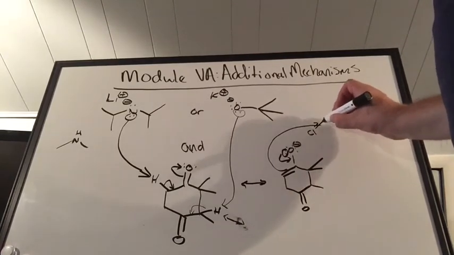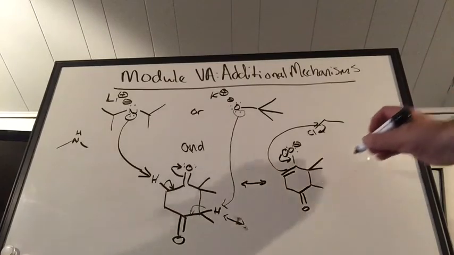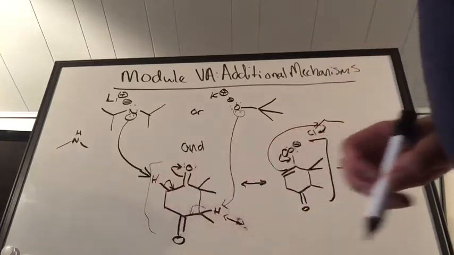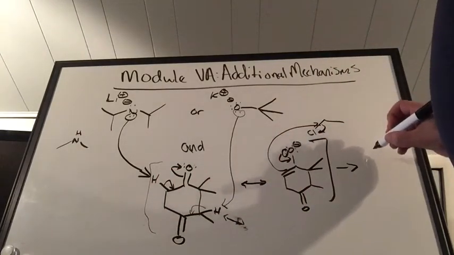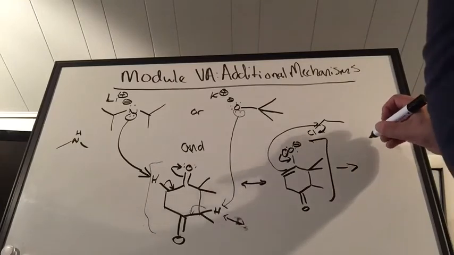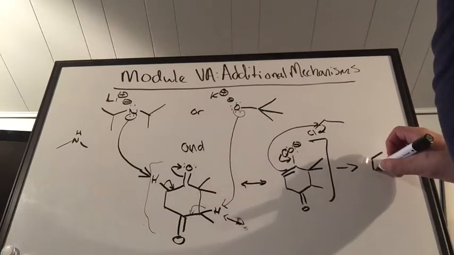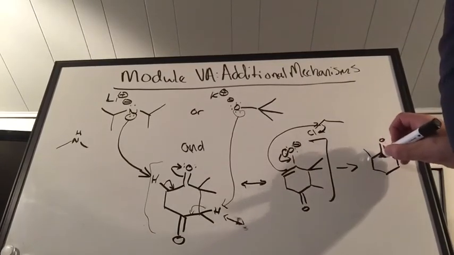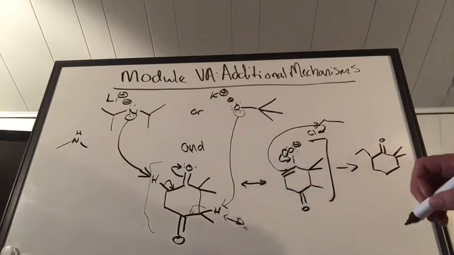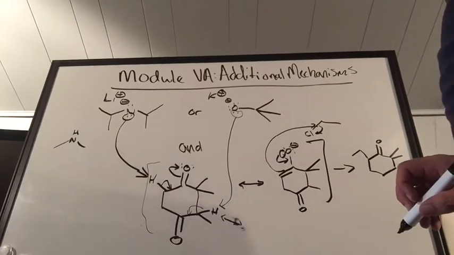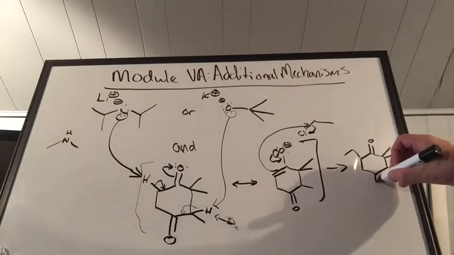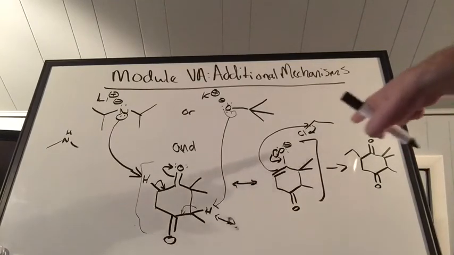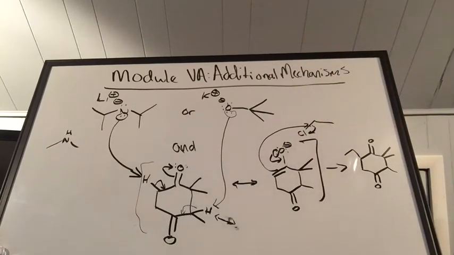I'm going to knock this chloro group off, and then you'll have, there you go. So that's the type of product you would form through a kinetic enolate.